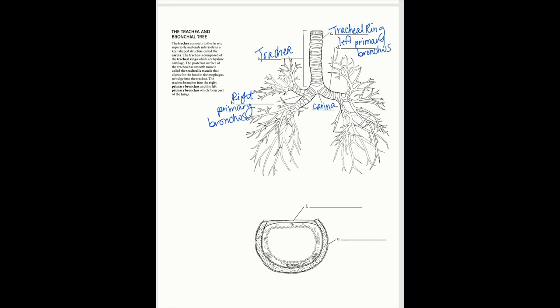And then again, just to show you, see right here, you can see how thick the tracheal rings are. Now the tracheal rings don't go all the way around though. We're actually going to have a little bit of space.